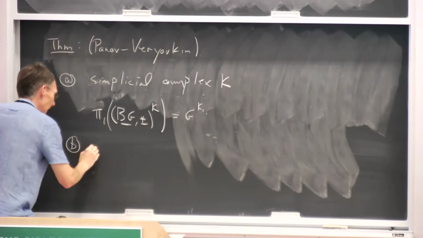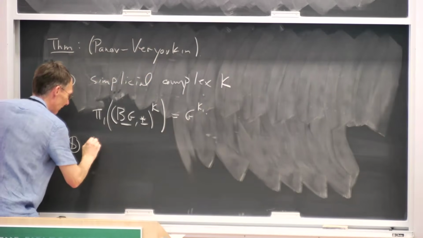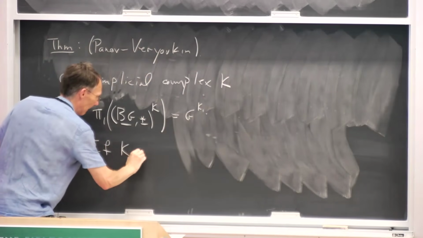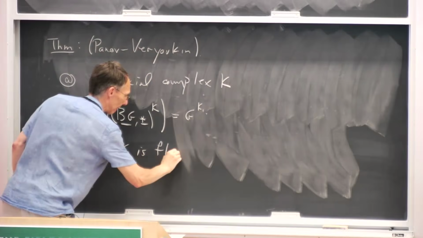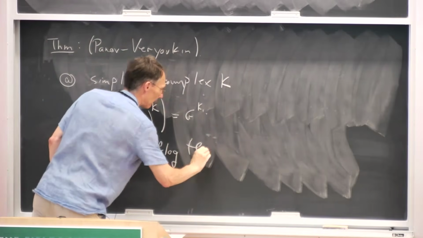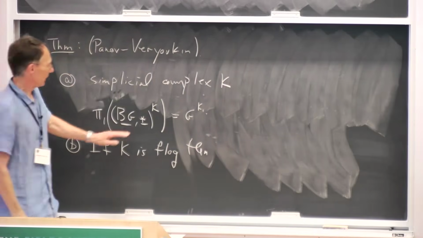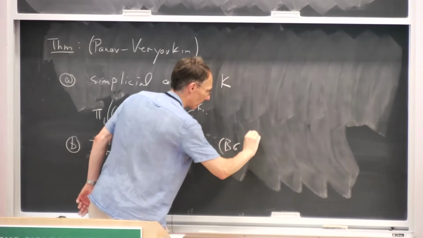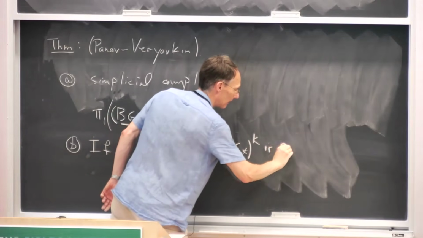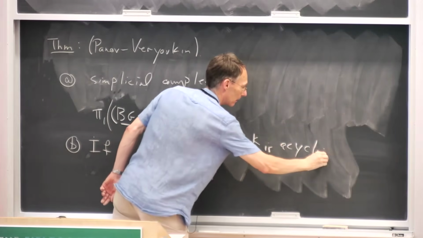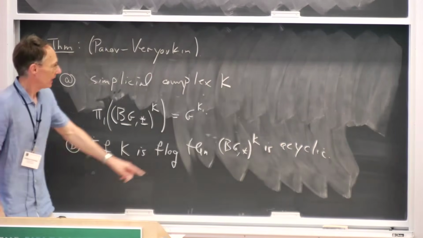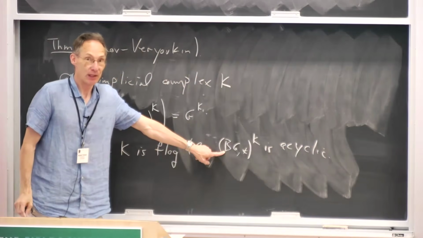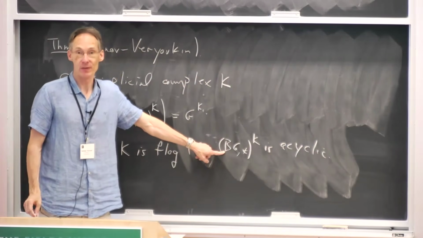And the more interesting one, if K is flag, then this polyhedral product is aspherical. So in other words, it has a non-trivial pi 1, but all its other homotopy groups are 0.